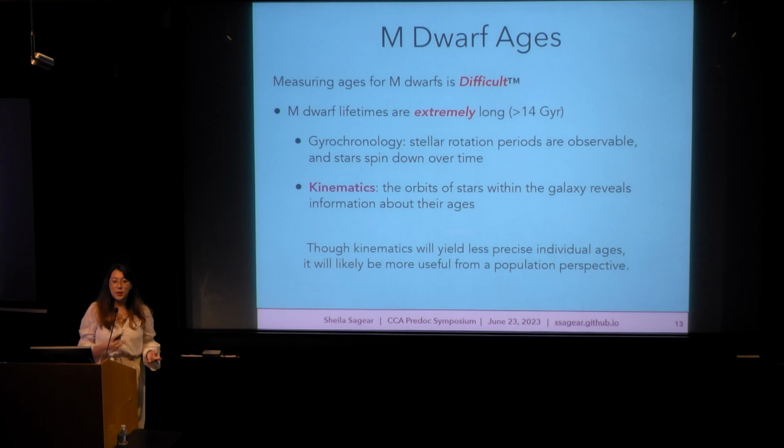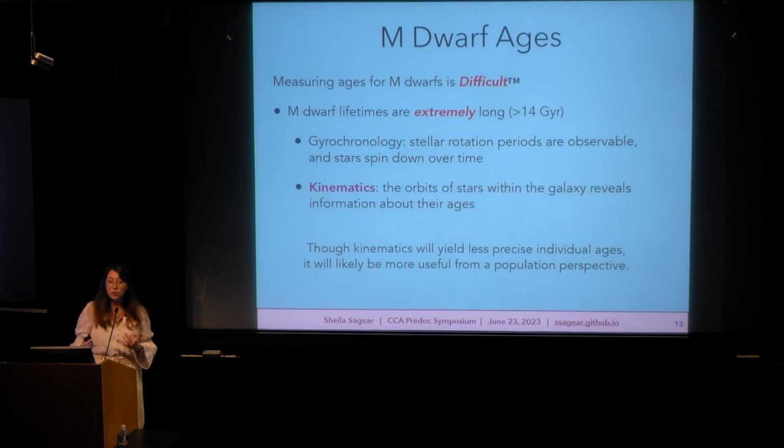One of these ways is by using gyrochronology. We know that stars' rotation periods change throughout their lifetimes, and stellar rotation periods are observable through Kepler transit light curves, ZTF, time series data, essentially. Or kinematics, so we can really understand how the stars orbit within the galaxy.